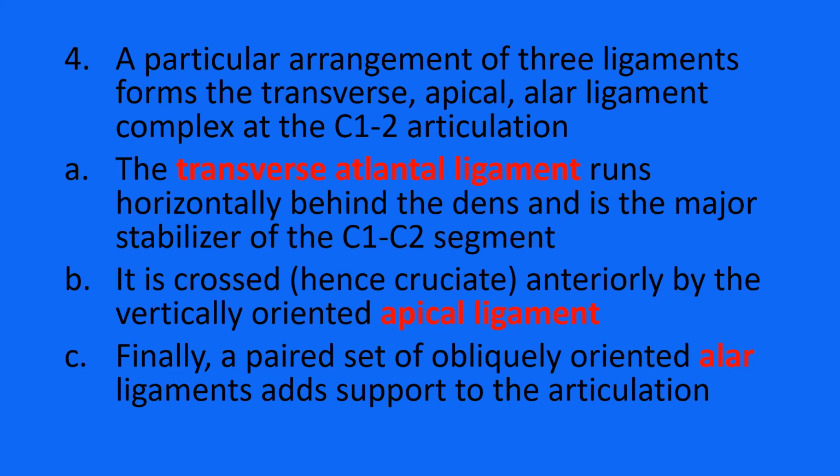The transverse ligament runs horizontally behind the dens and is the major stabilizer of C1, C2 segment. It is 6.9 millimeters in length. It is crossed anteriorly by the vertically oriented apical ligament. Finally, a paired set of obliquely oriented alar ligaments adds support to the articulation.